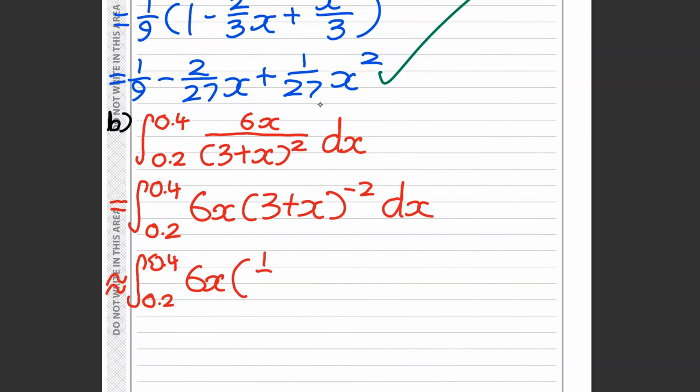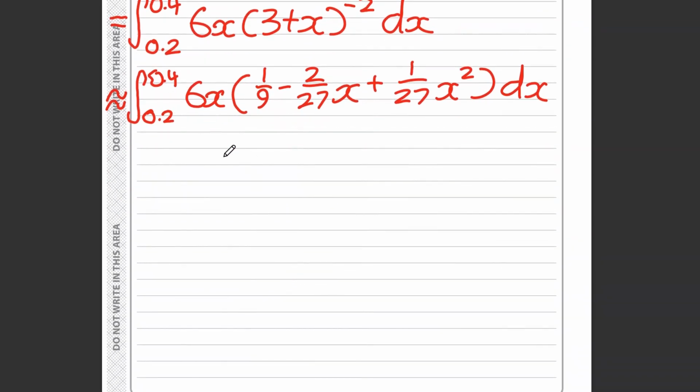So it's going to be 1 over 9 minus 2 over 27x plus 1 over 27 x squared, and then dx, and then this here we are going to integrate.